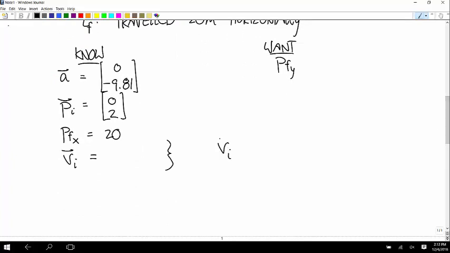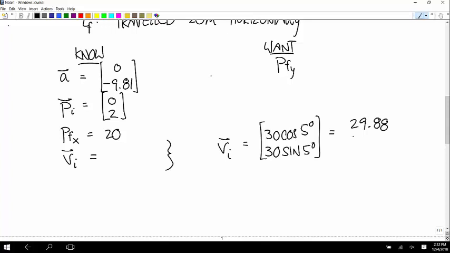So V sub I is 30 times cosine and sine of 5 degrees. So that's 29.88 for the x component and 2.61 for the y component.